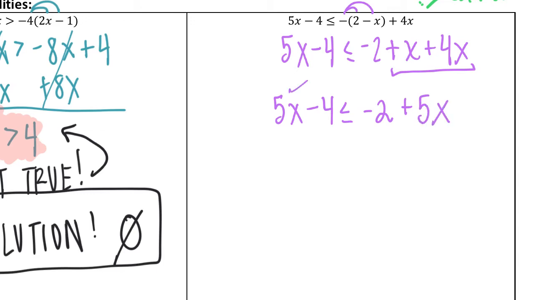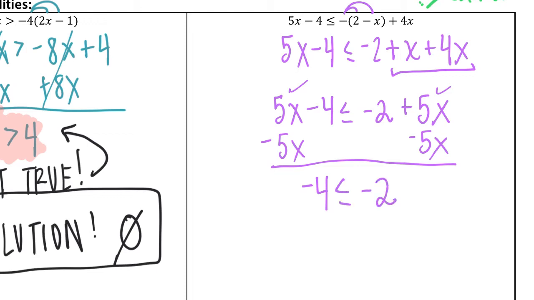Again, you'll notice that our x's match each other. So it doesn't matter which one you move by subtracting, and they're going to cancel out. Now, let's look at our statement that's left over at the end. -4 is less than or equal to -2.